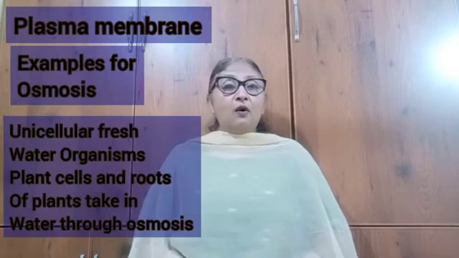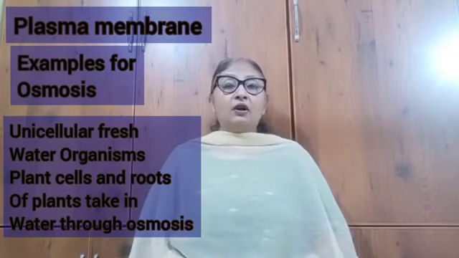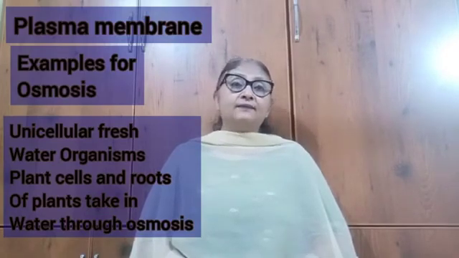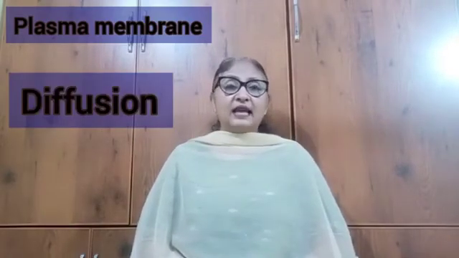Now, unicellular aquatic organisms and plant cells take in water through osmosis. Not only this, the roots of plants also absorb water by osmosis. Let us see how diffusion is important to the cell.